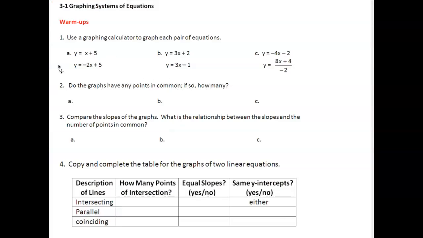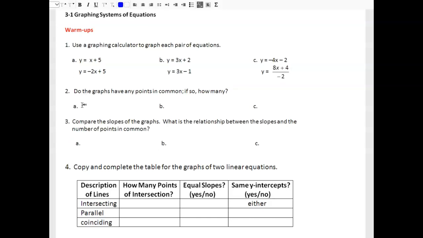So then we're going to go back over here and answer all of the questions, but for only part A. It says, do the graphs have any points in common? If so, how many? I would say that yes, they do.